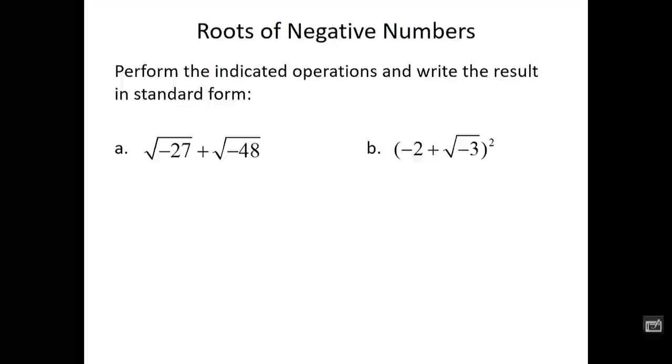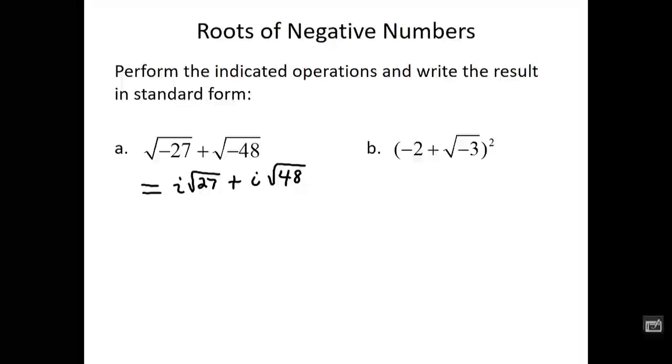The first example is to add the two radicals. So what we have is the square root of negative 27 plus the square root of negative 48. We know that that's going to be i times the square root of 27 plus i times the square root of 48.